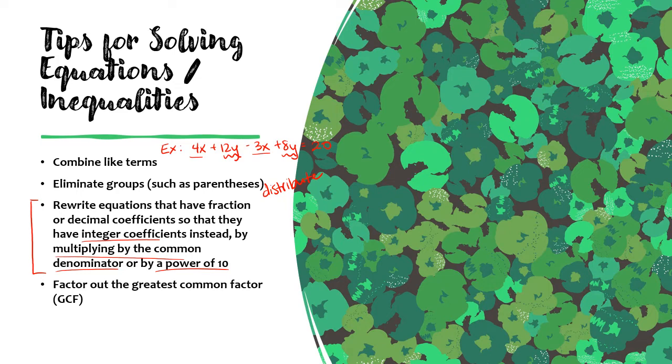So if that sounds kind of weird to you, just know that that's something we want to look at. All right, the next tip is to factor out any greatest common factor you can determine. So if there's common multiples across all of your terms in your equation, simplify it down by maybe dividing the whole thing by 2 or dividing the whole thing by 10 to get your numbers to be a little bit easier for you to work with.